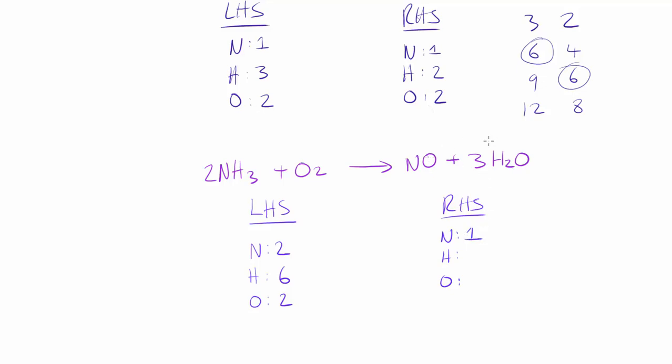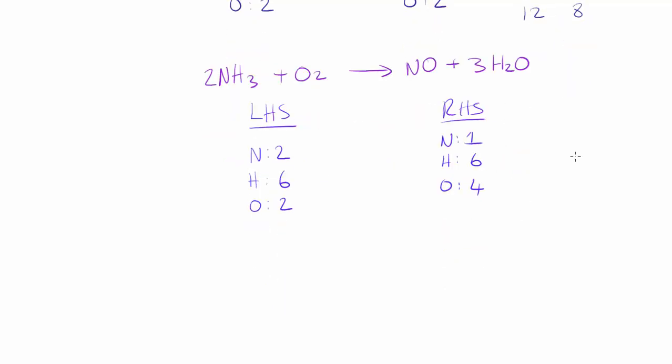Then for oxygen, we've got 3 times the oxygen here, so that's 3, plus this, so that's going to be 4. And for hydrogen, we've got 3 times H₂, so that's just going to be 6. Now we've got the hydrogen balanced, but because of that, the side effect is that all the other ones are now not balanced.